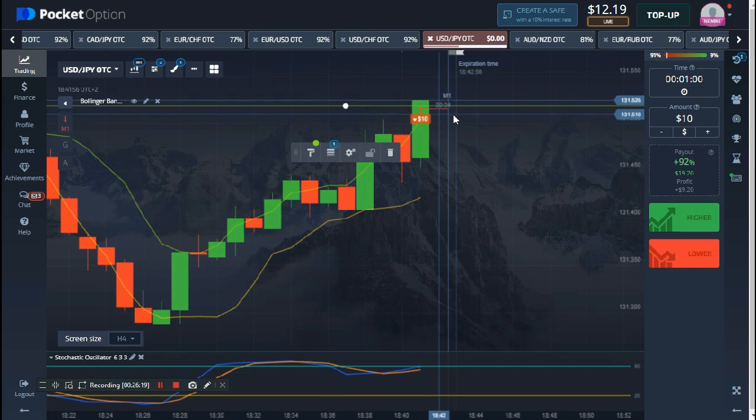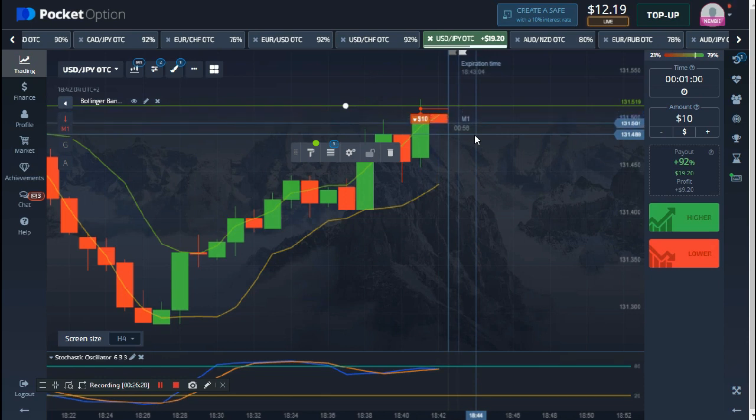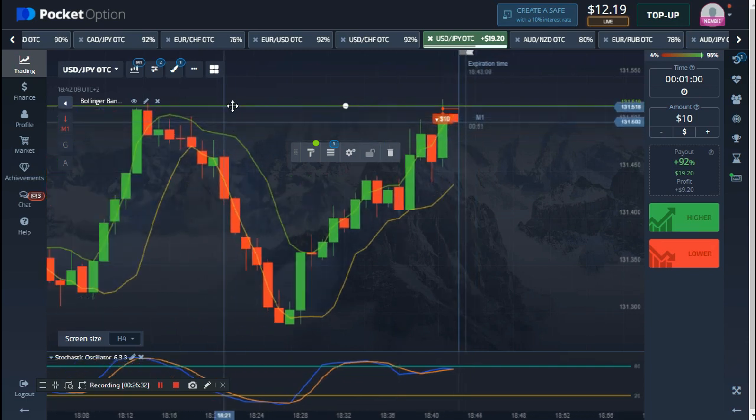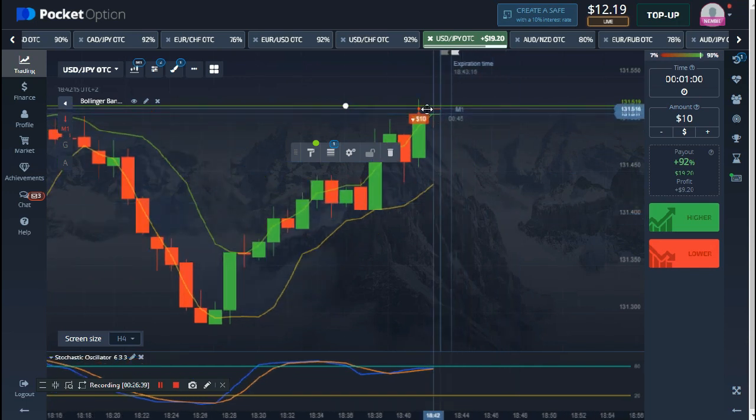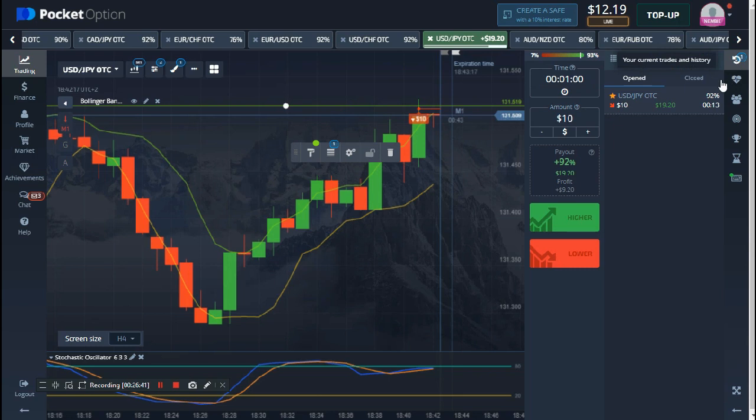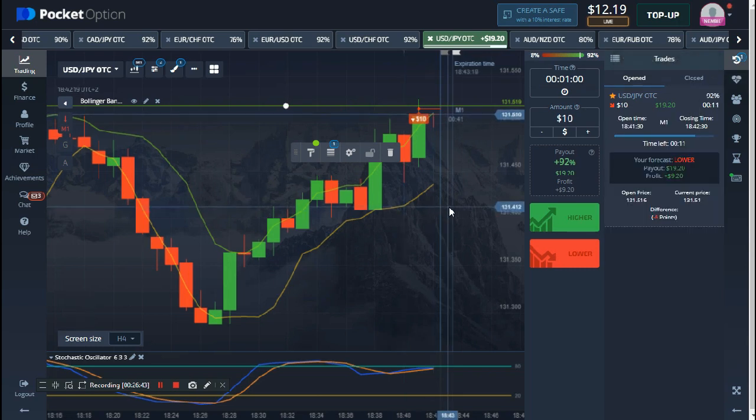It's an experience trade, so don't go without your experience. Okay guys, I know there is the resistance line, so the next should be red candles, so that's why I took the trade here for lower for 1 minute. So let's see the result.